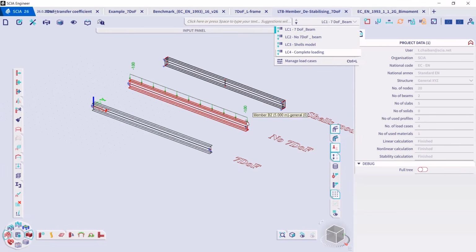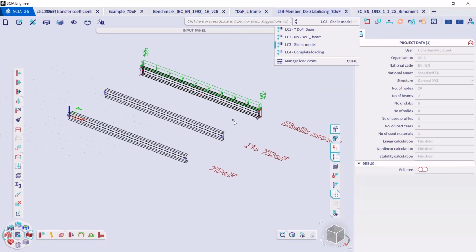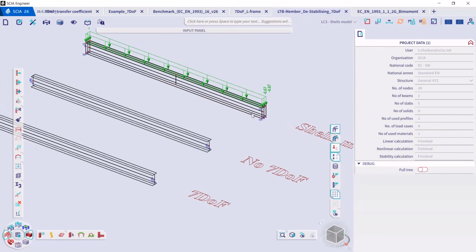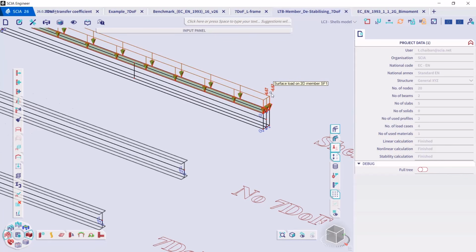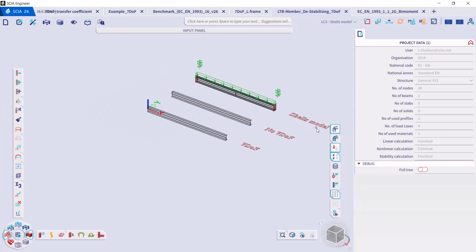In here, we have the beam without 7 degree of freedom. And the third modeling is done using 2D shells. And in that case, the load is applied as a surface load on the top flange, and we have divided the 1 kilonewton per meter by the width of the flange, and we get 6.67 kilonewton per square meter.